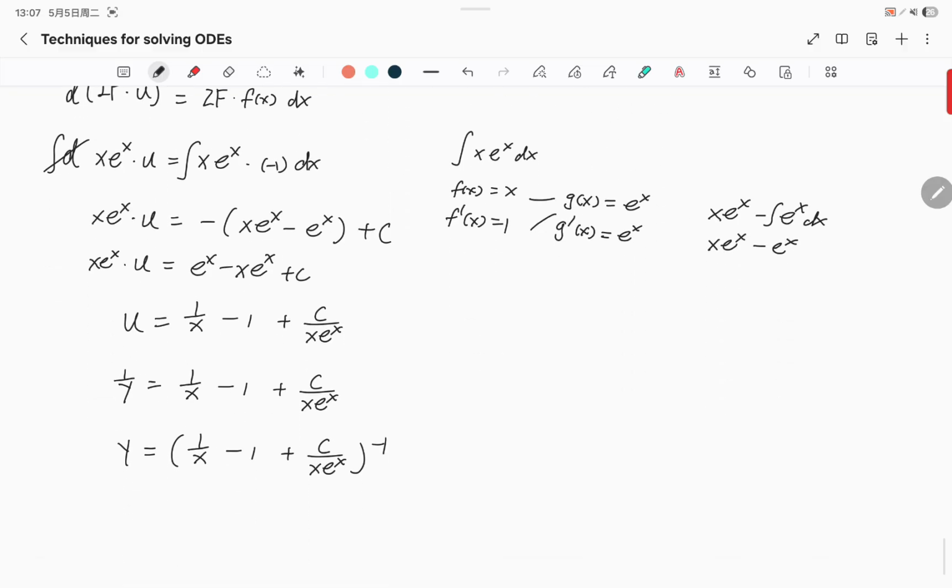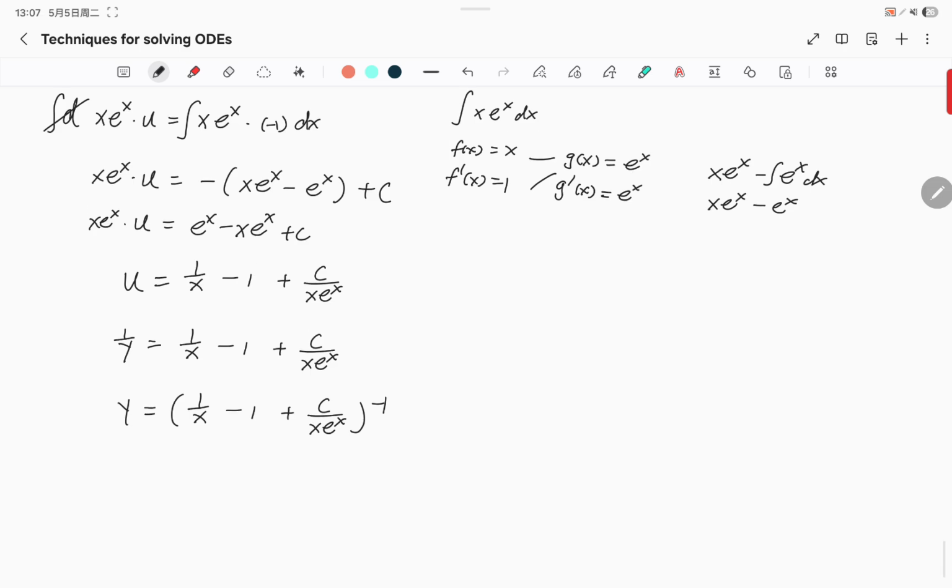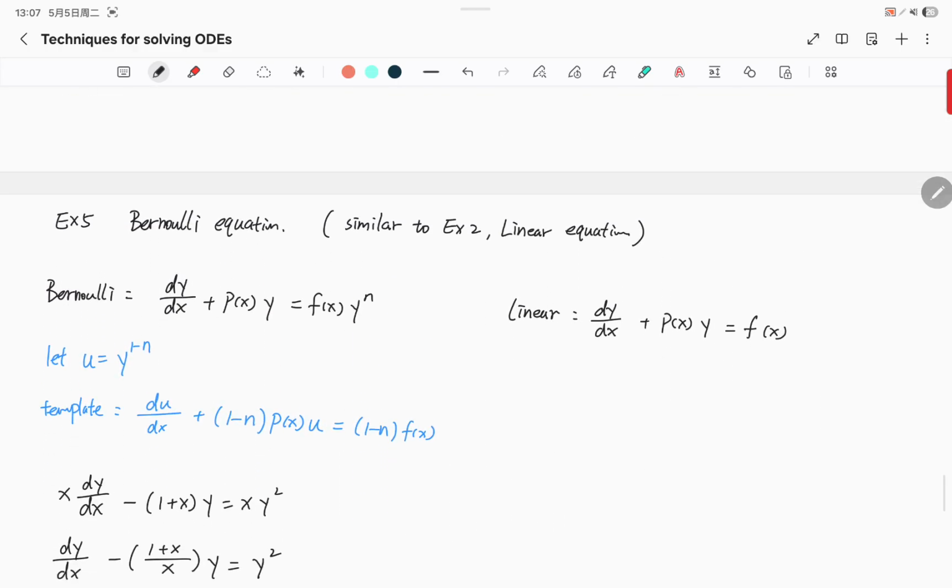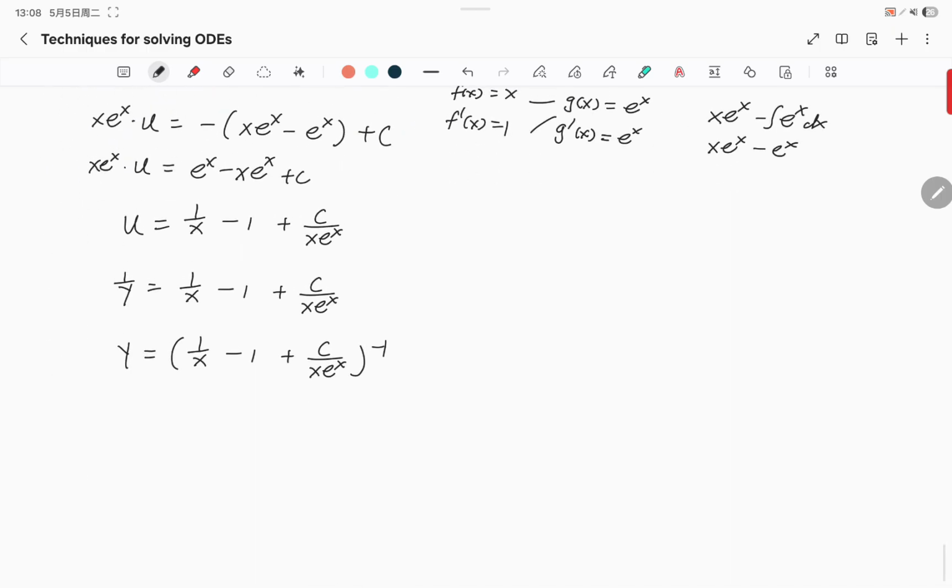And then don't forget to turn u back into y, and make it the real y, not just 1 over y, because u is always 1 over y to something, right? Because u was equal to y to the power of 1 minus n, and usually here it's positive, so it's 1 over y to some power.